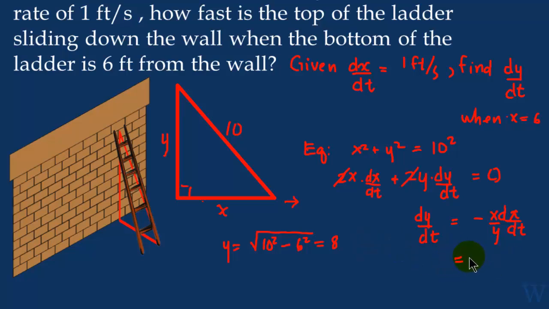So this is equal to negative 6 over 8 times 1 foot per second. If we simplify, that gives us negative 3 over 4 foot per second. So the rate at which the top of the ladder is sliding down is 3/4 of a foot per second at the instant when x is equal to 6. Okay, example 2 solved.